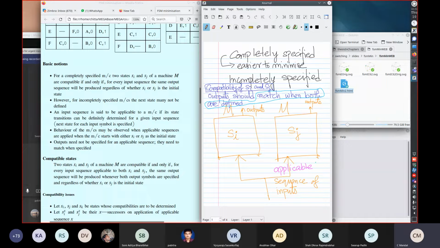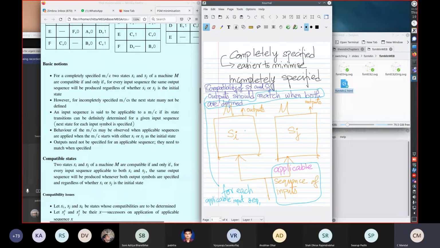And those are for applicable sequences. So we can say, for each applicable input sequence, the output should match when both are defined.